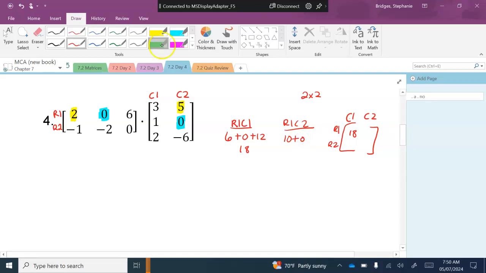And then across and down one more time. 6 times negative 6 is negative 36, and then if I add 10 plus 0 plus negative 36, that's going to give me negative 26. And that goes row 1, column 2.